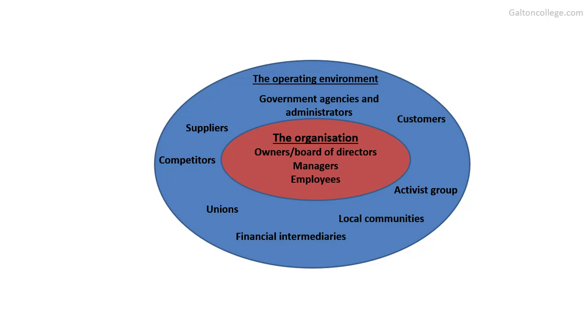And of course the customers. The whole idea of the organisation is to sell to the customers. It's the customers who generate the revenue. One side of the balance sheet, the revenue side, comes from the customers. Without the customers, there will not be an organisation. So the customers' requirements must also be accommodated.